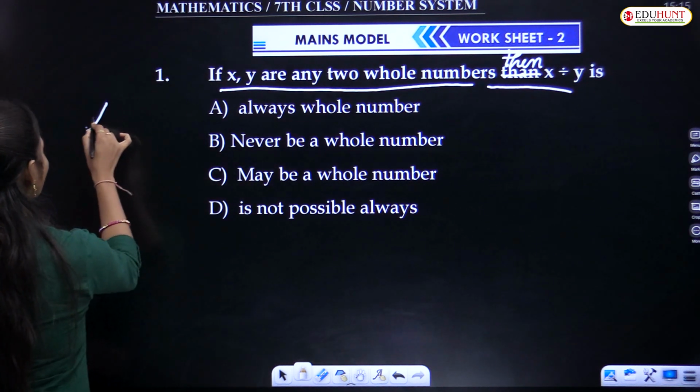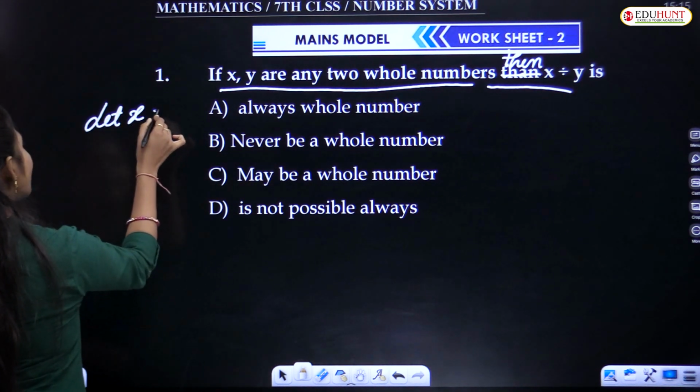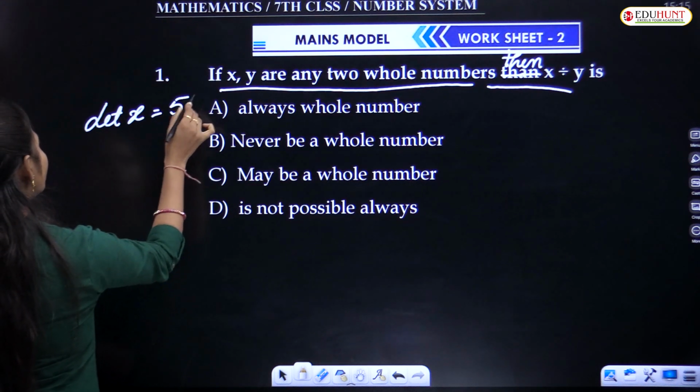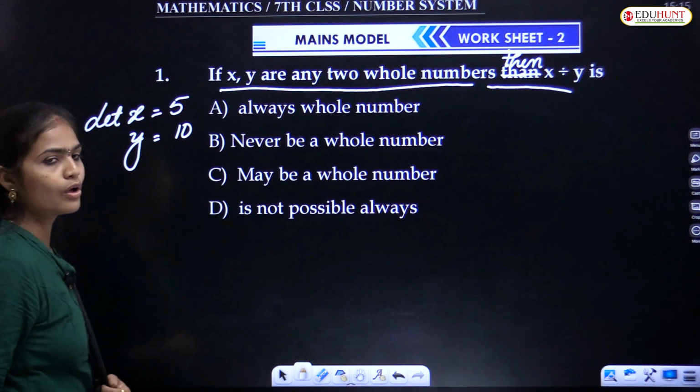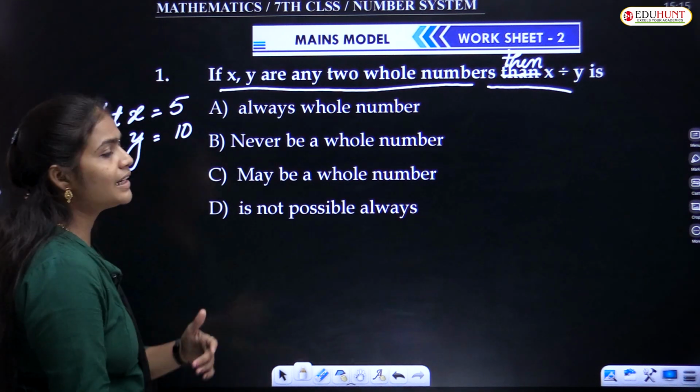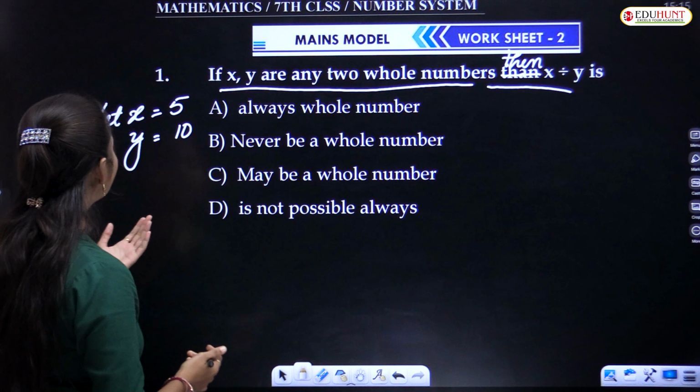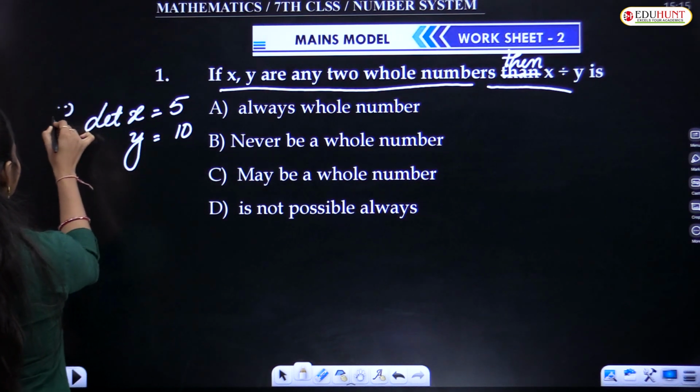One example I am going to tell you. Let x equals 5 and y equals 10, so 5 by 10 here I have taken. This is case 1.